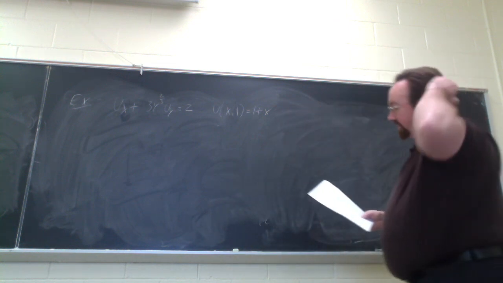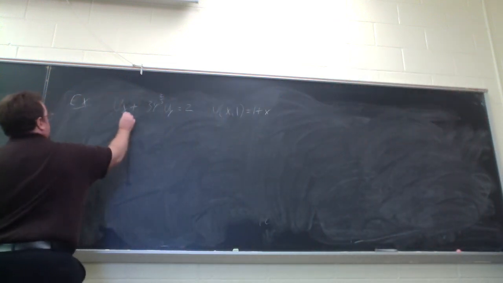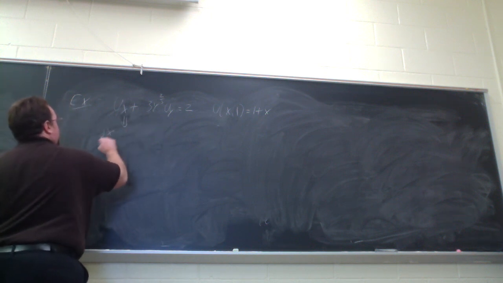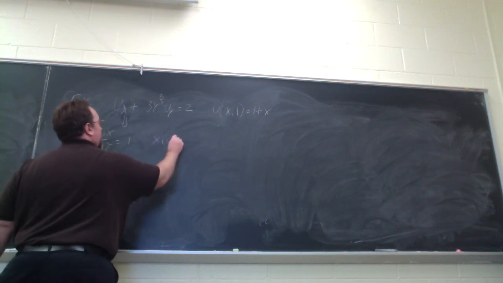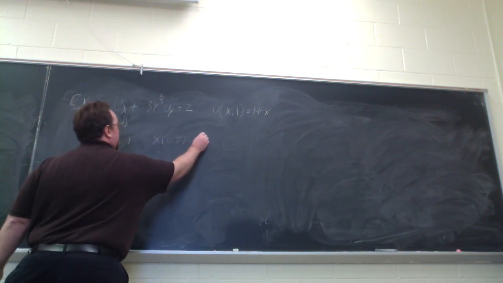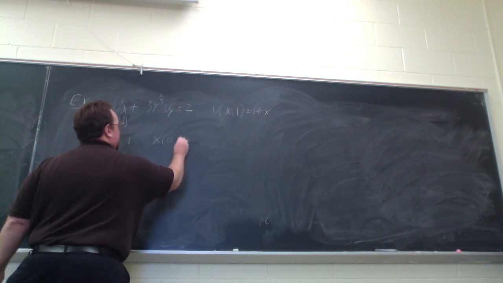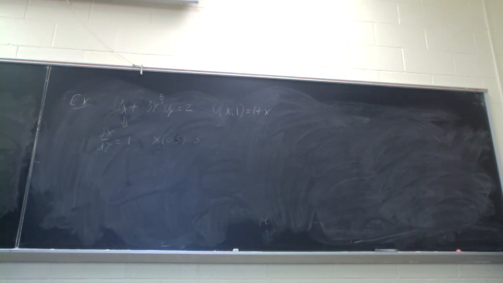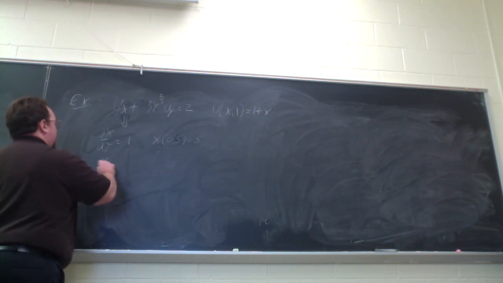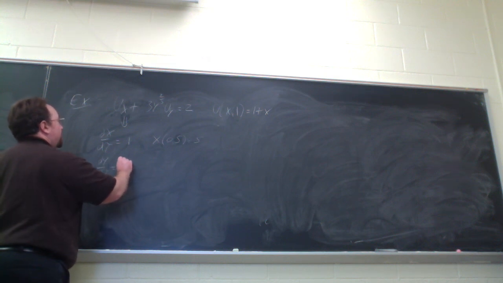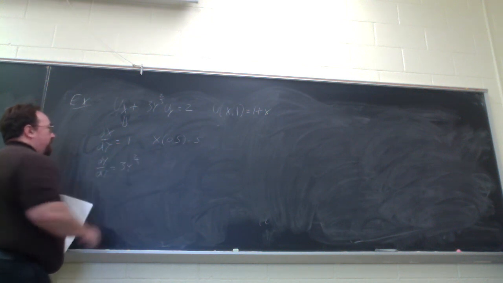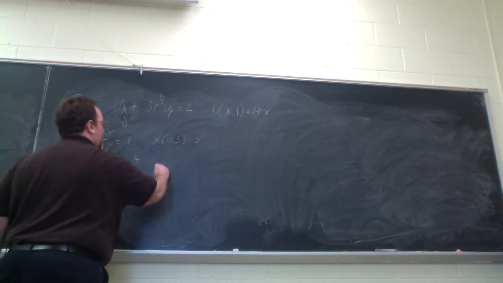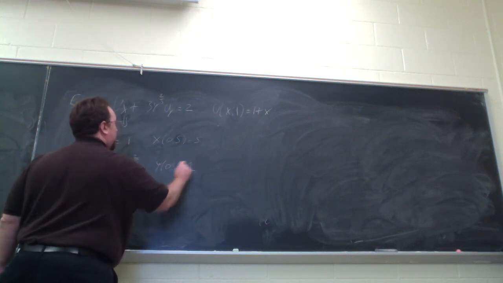Okay, so our characteristic equations. dx/d tau is the coefficient of du/dx, which is 1. X of 0, s is equal to s, because our initial curve is a horizontal line. dy/d tau is equal to 3y to the 2/3, the coefficient of du/dy, and y of 0, s is equal to 1.